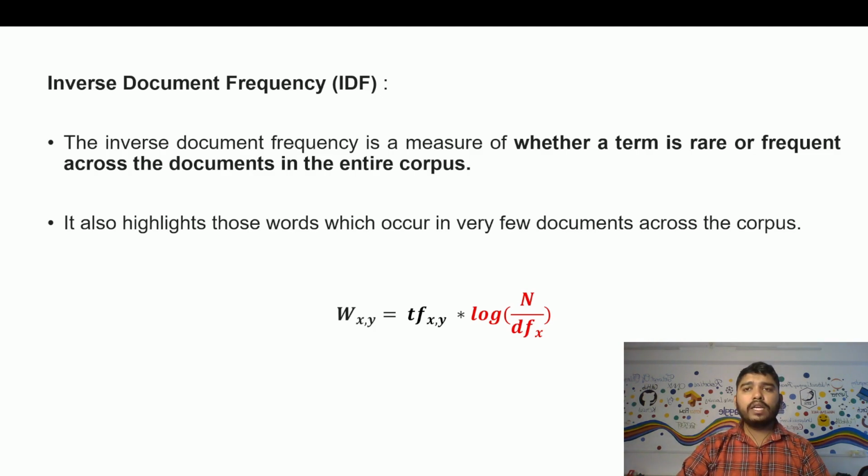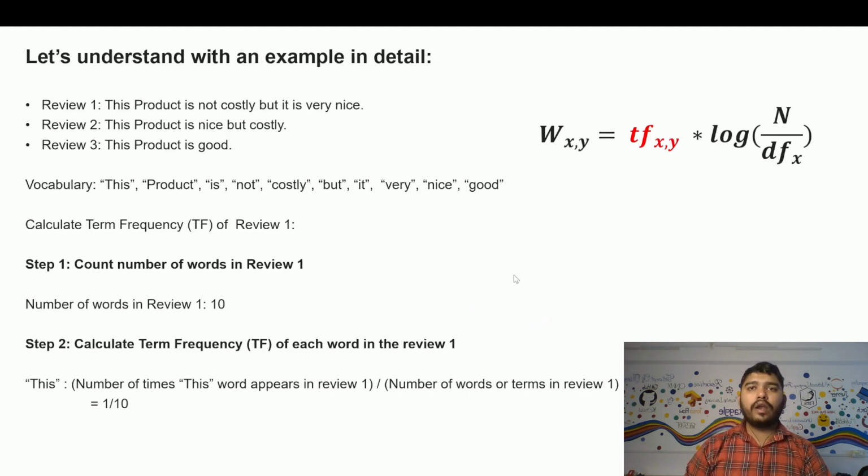So basically IDF suggests the most frequent words or most rare words in a particular dataset, or documents. In our formula, the log component refers to IDF.